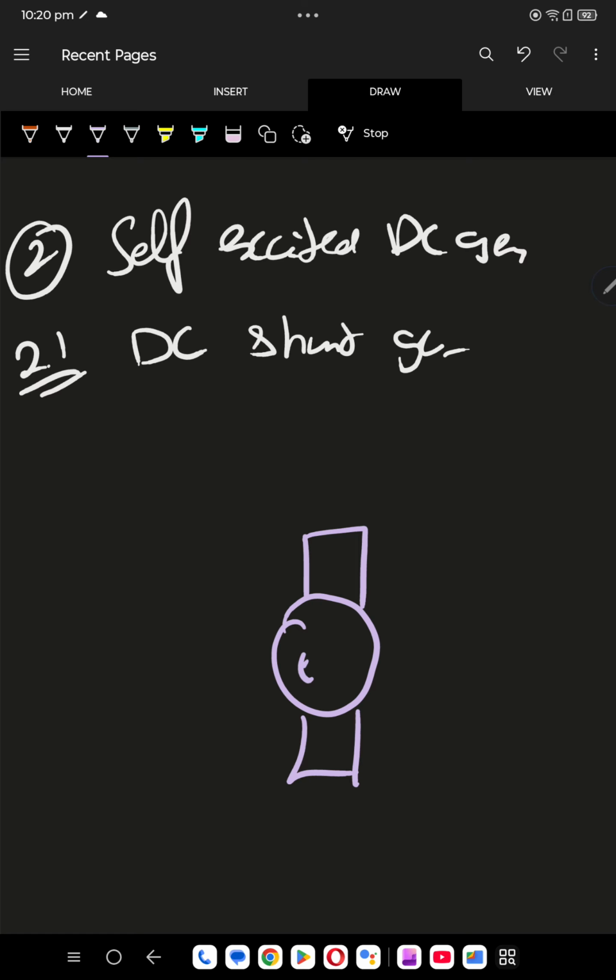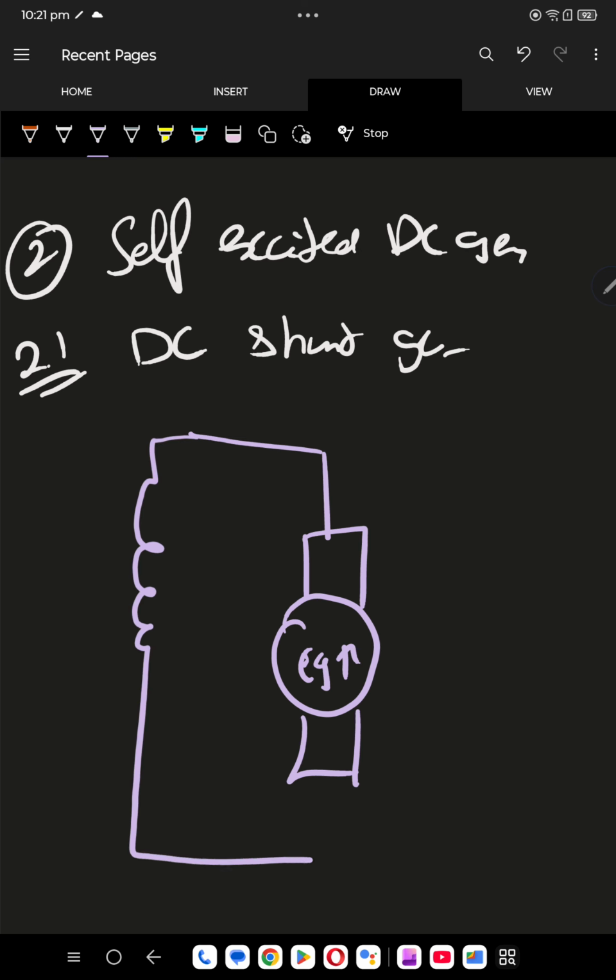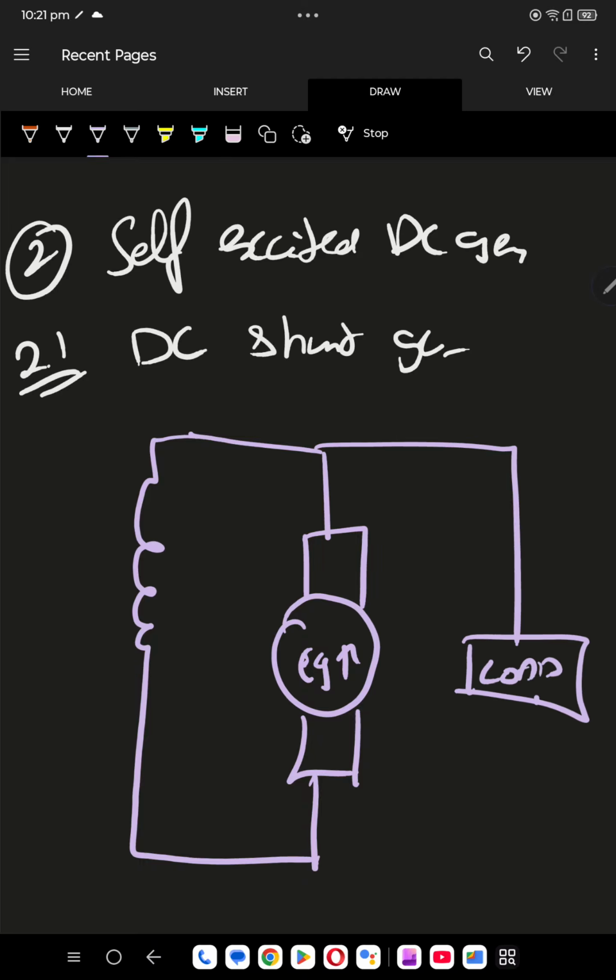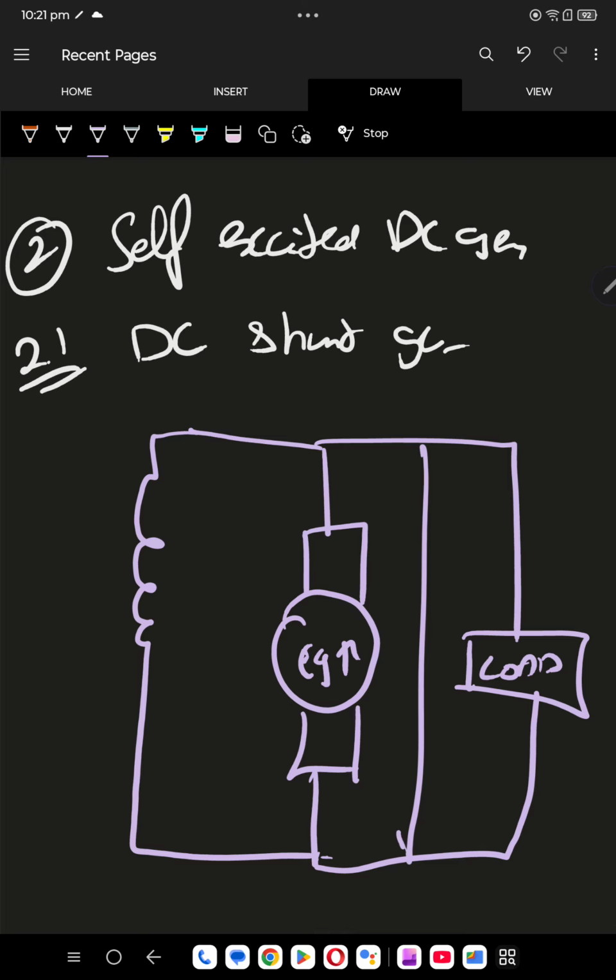This is the same. EG is there. Now it is parallel, so it is not separately excited. It has to be connected together, like this. And this side is the same load, and here VT is going to be there. This is IL, this is IA, this is the shunt, so ISH.